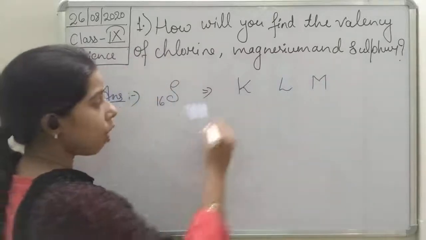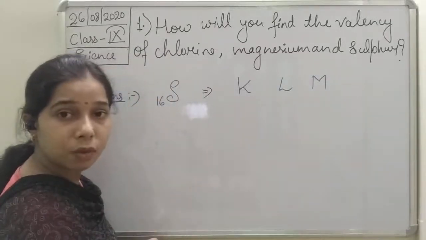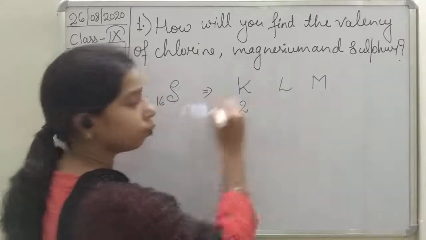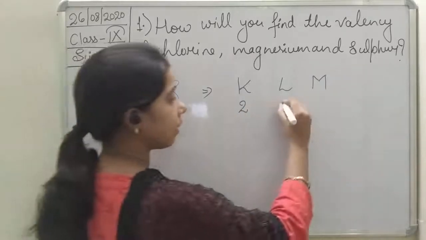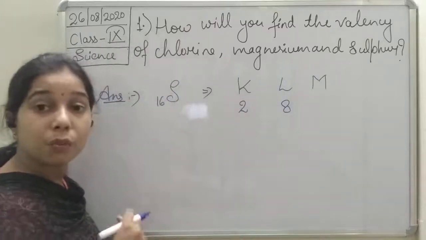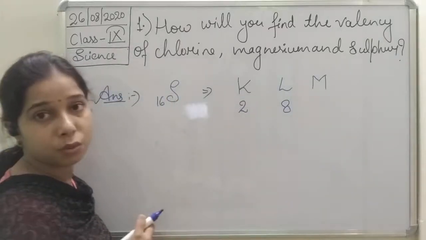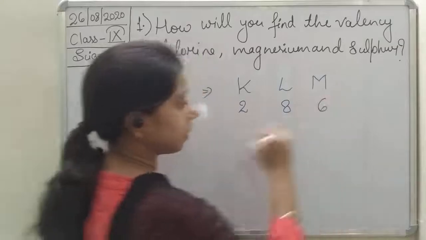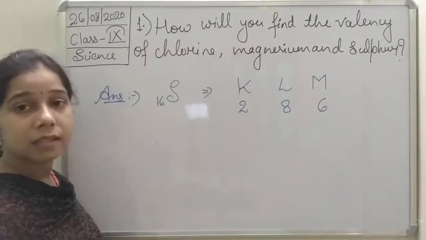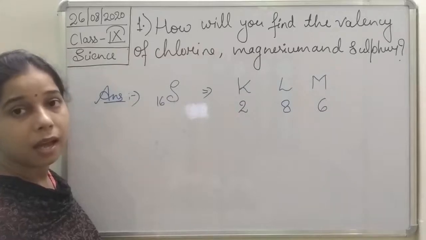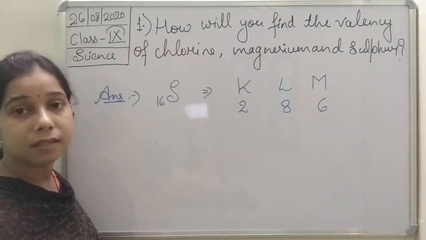Okay, so how many electrons will be present in the K shell? That is 2. How many electrons will be present in the L shell? That is 8. Now the rest of the 6 electrons will enter the M shell, so 6. Okay. Now you see here, student, the last 6 electrons enter the shell, and that shell is known as the valence shell.